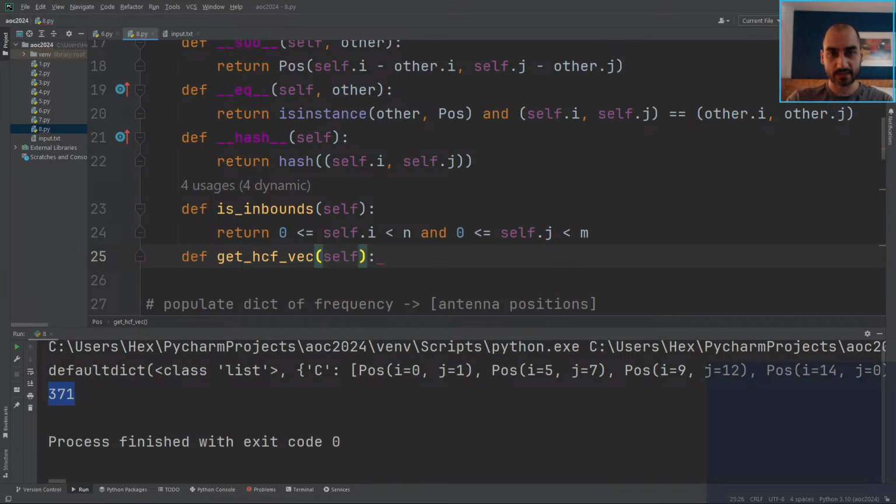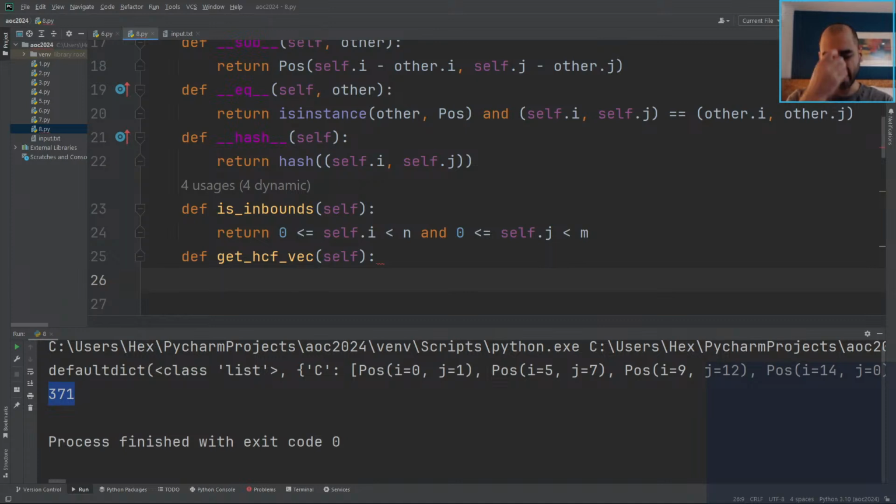There's probably a proper mathematical term for this. So we want the highest common factor of i and j. Divide that out. I don't think we call it GCD normally, do we? Greatest common divisor, and that is a method somewhere in Python.